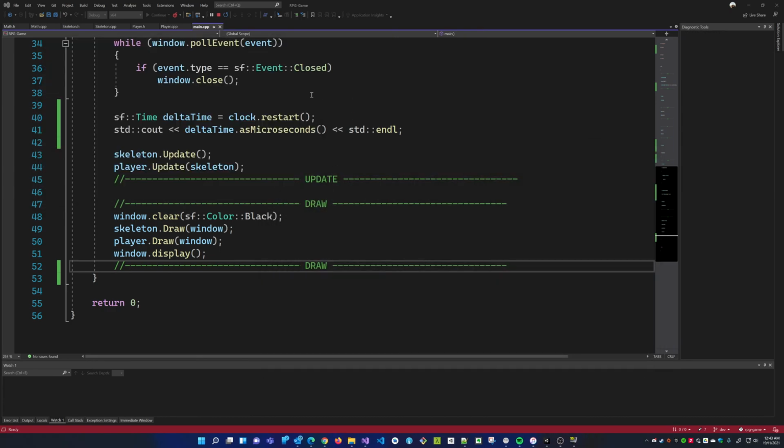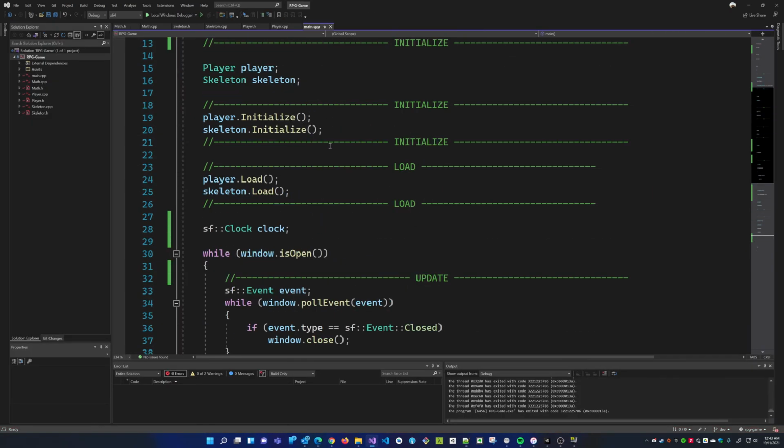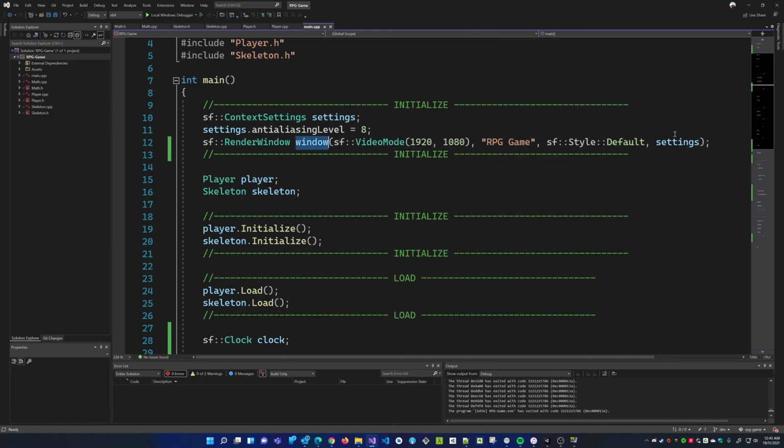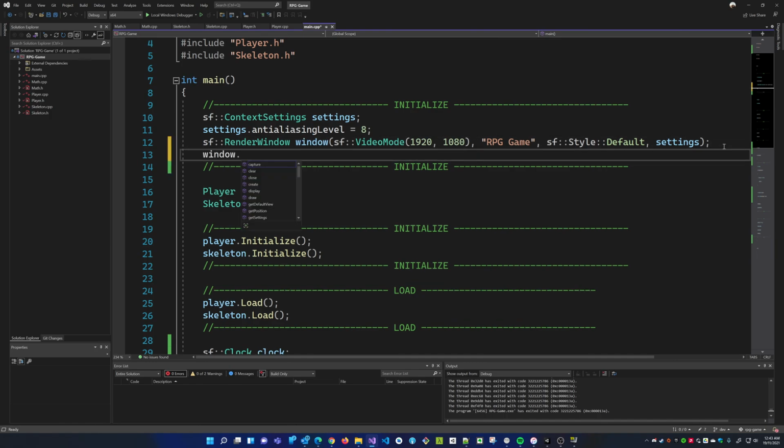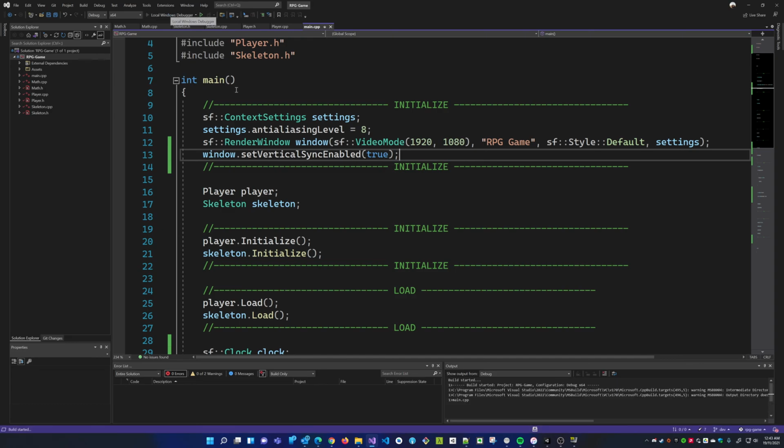Now here's the thing. To verify this is working, if I lock my frame rate... frame rate limit, not frame rate limit, sorry, Vsync. If I enable Vsync to true, I should get 16.6 milliseconds.